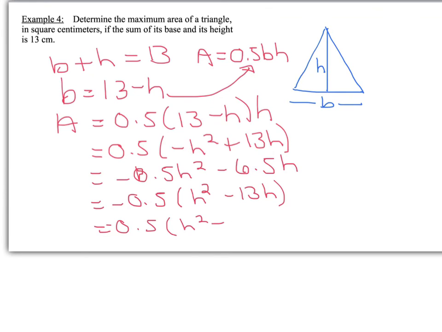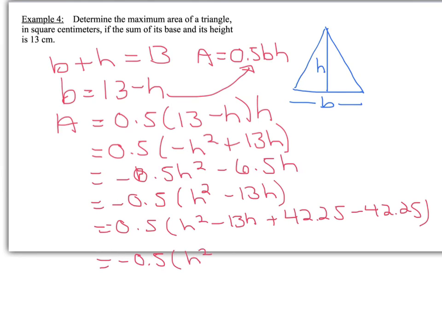H squared minus 13h, divide 13 by 2 and square it. So we get 42.25. We're going to add and subtract that number. Okay, negative 0.5.